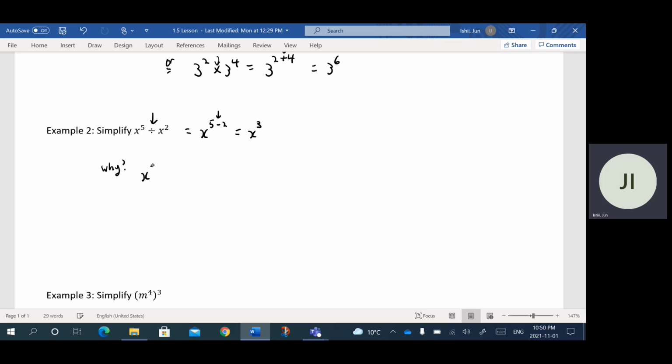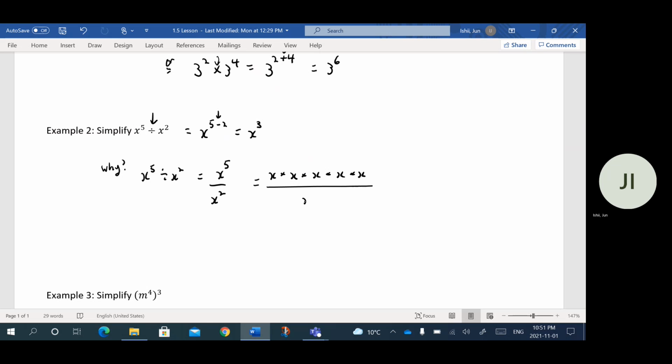So x to the 5th divided by x squared. Remember, division can actually be written as a fraction. This is equal to x to the 5th over x squared. The first number is in the numerator, the second number is in the denominator. This is the same as x times x times x times x times x, all over x times x.